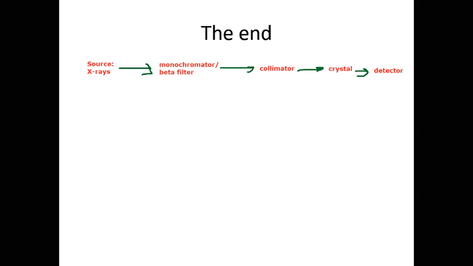Now from the detector, just to give you a prequel of what's to come, we have a diffracted image or images. From this, we determine unit cell and crystal symmetry.